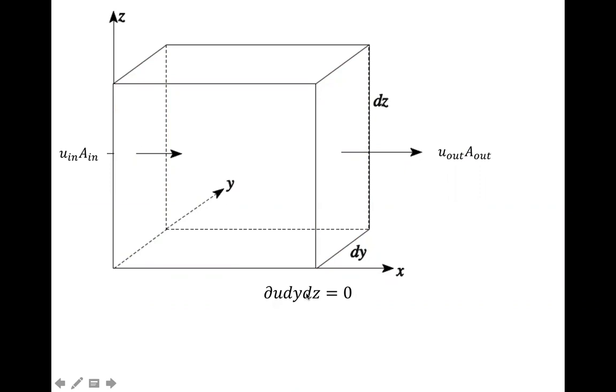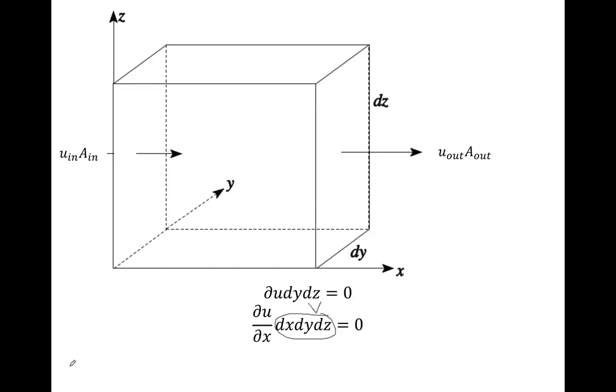So I'm not doing anything fancy. I'm just dividing by dx, multiplying by dx. That's legal. I'm just multiplying by 1. So I get du/dx times dx dy dz. And this quantity right here is just the volume of my box.